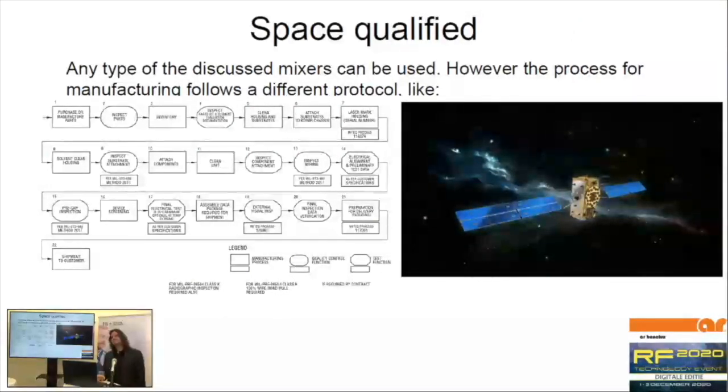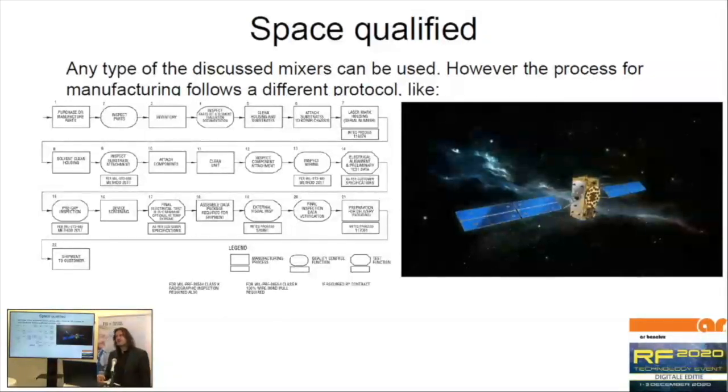The one thing I want to say about space qualified is that any of the above may apply. So all of the mixer setups and all of the things that I've talked about can apply on a space qualified system. The only main difference, besides the fact that it usually becomes more expensive, is that they're going to follow different protocols.